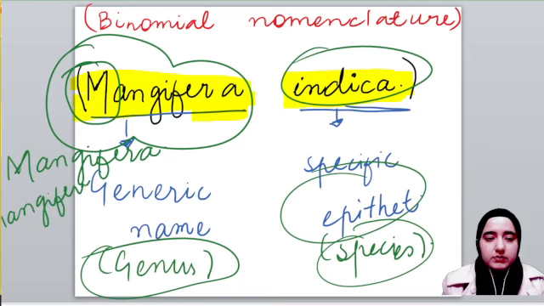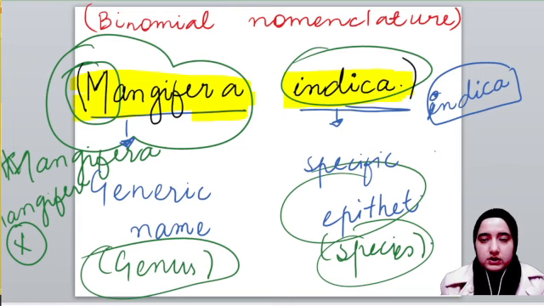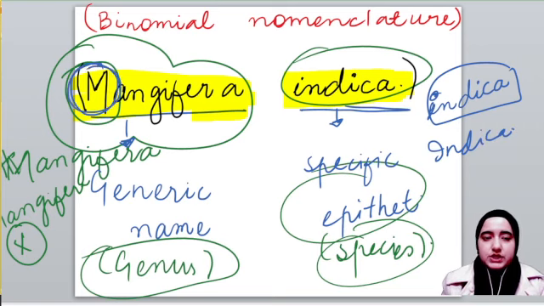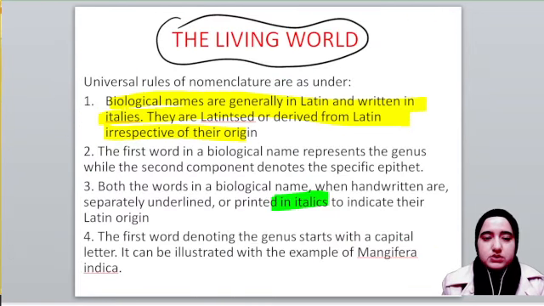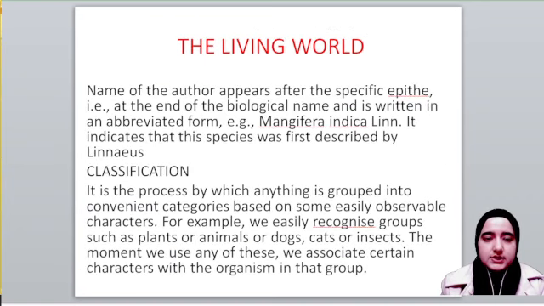And when we write the specific epithet, we keep the first letter small, not a capital I. We won't capitalize the species, but we will capitalize the first letter of the genus. In the example Mangifera indica, the first letter of the genus is capital and the first letter of the species is small. I hope this concept is crystal clear.